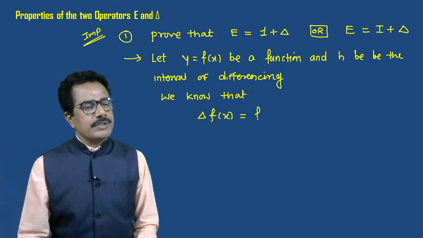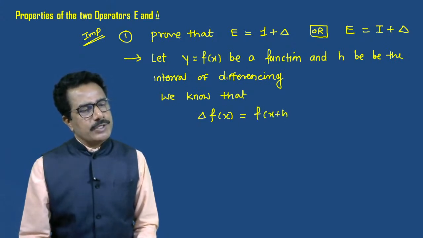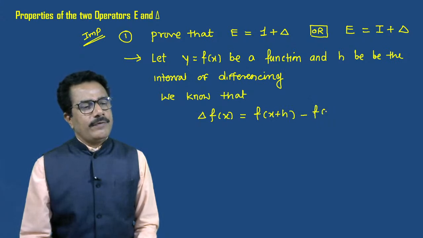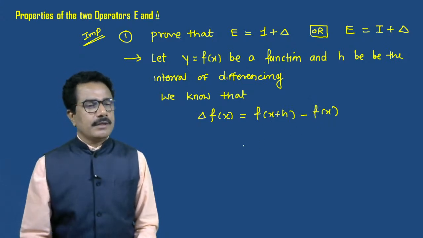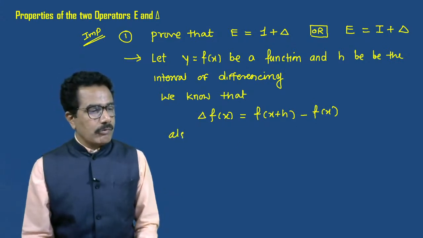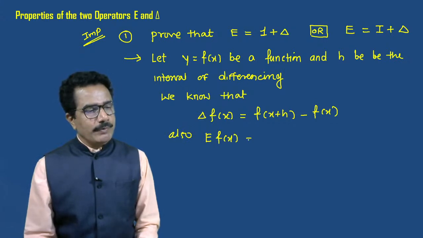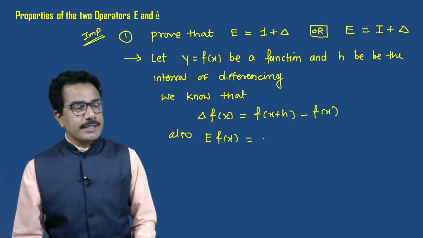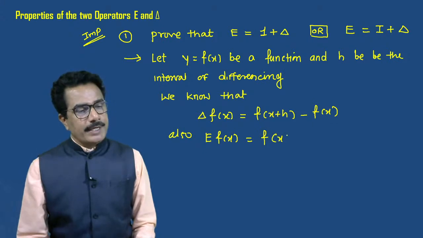Delta f of x is equal to f of x plus h minus f of x. Also we know that E of f of x is equal to, what is the formula for E of f of x? We can write f of x plus h.